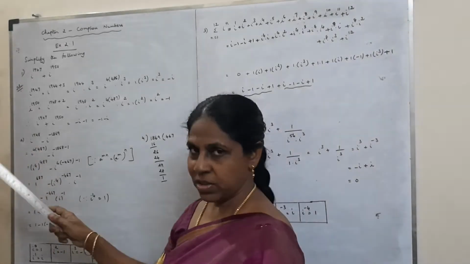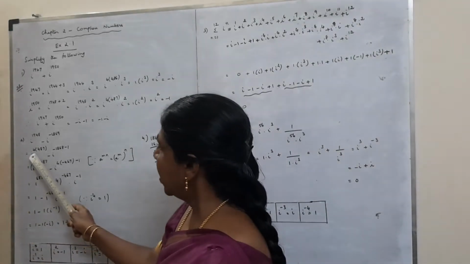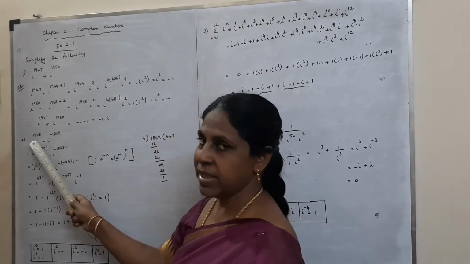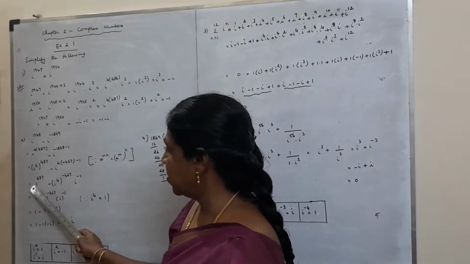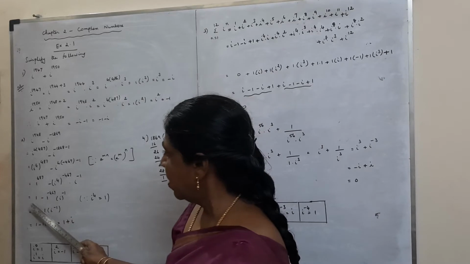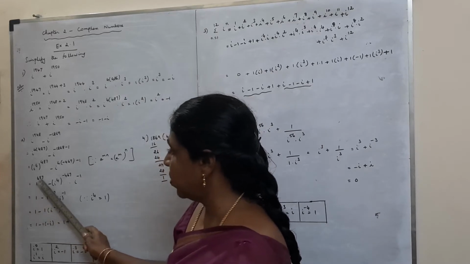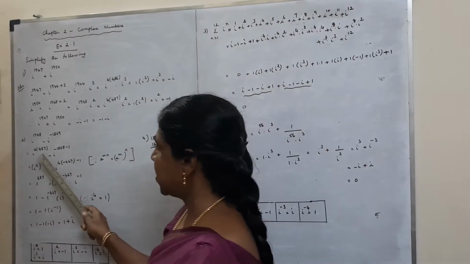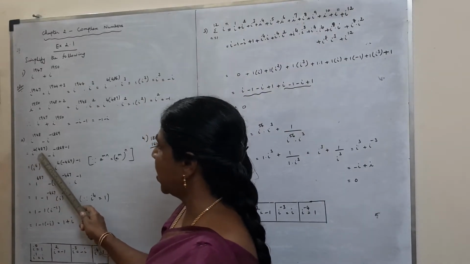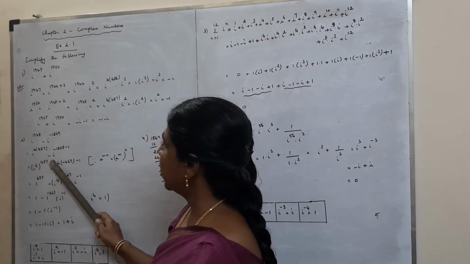Directly you can write i to a multiple of 4 is 1, but according to the steps it is i^(4 into 487).